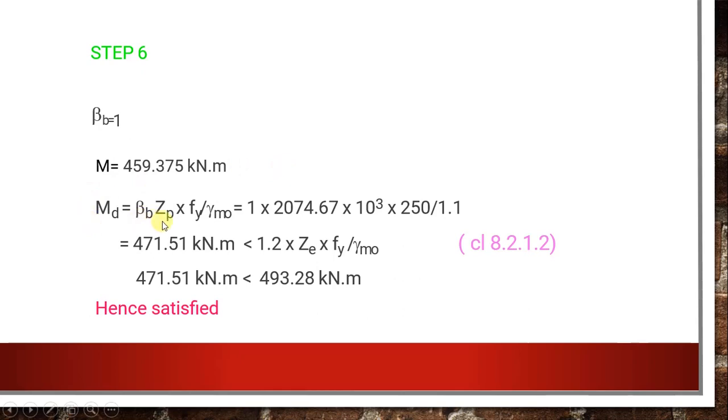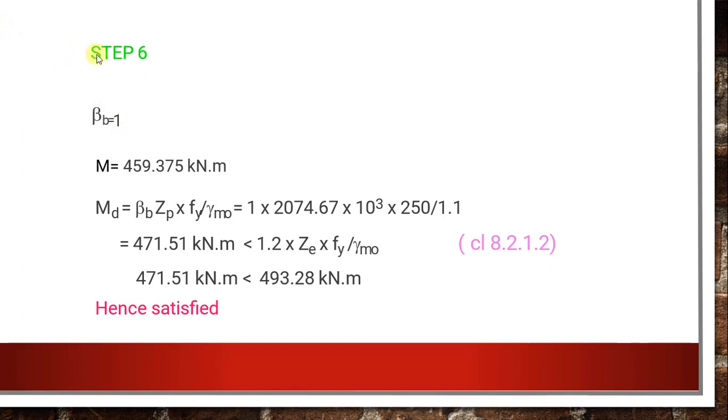For that, a formula is given in clause 8.2.1.2 of IS 800:2007, beta into Zp into Fy upon gamma m0. Here you have to assume the constant beta is equal to 1, based on the classification of the section. The section is plastic in this case, so beta is assumed as 1.